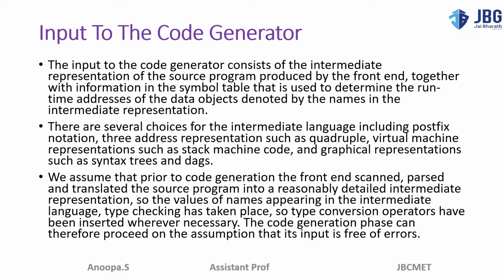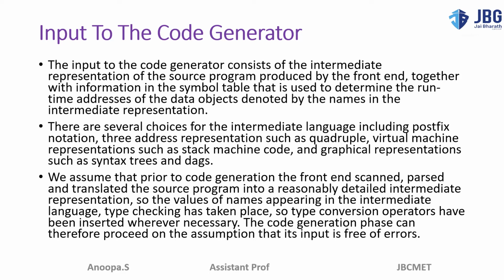So we are assuming that when we get the intermediate code representation to the code generation phase, these all have been completed. That is substituting the values for the names, type checking, and also type conversions. So in this code generation phase, we assume that we can proceed without any errors.